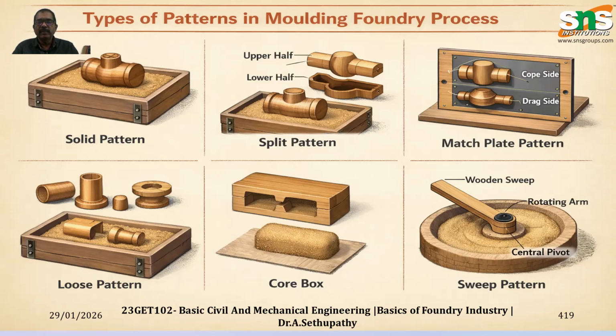This type of pattern is called the sweep pattern. Most rims, automobile discs and circular objects with diameters of more than 200 mm or 300 mm are manufactured using sweep patterns. Mostly these types of patterns are used for making molds in the foundry process.